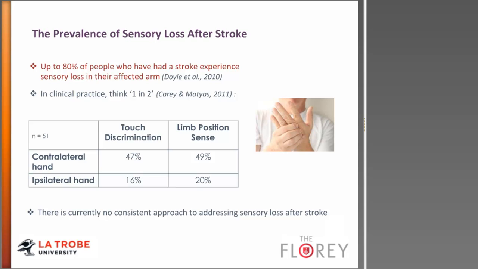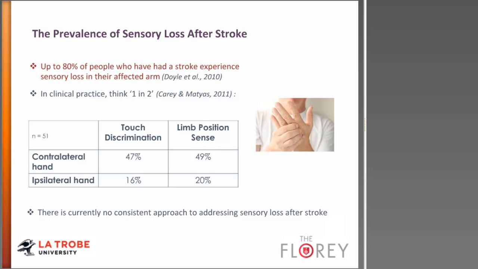So what we can tell from this is that there's a lot more interhemispheric activity and a lot of bilateral roles of our brain that really mean that the traditional, what we'd call the unaffected arm or hand, does experience some degree of sensory loss itself.